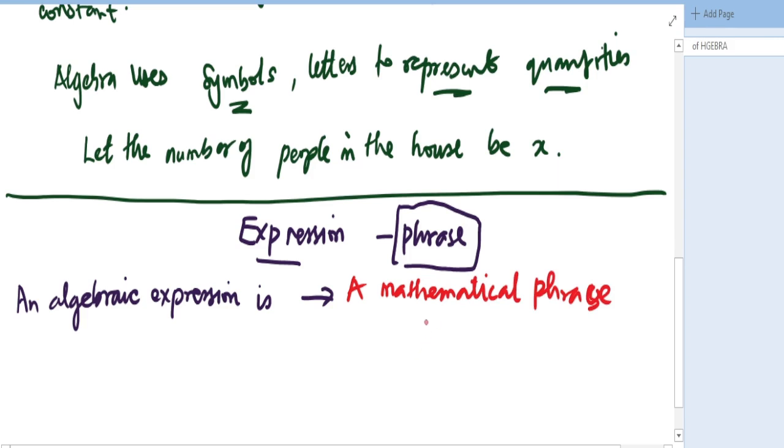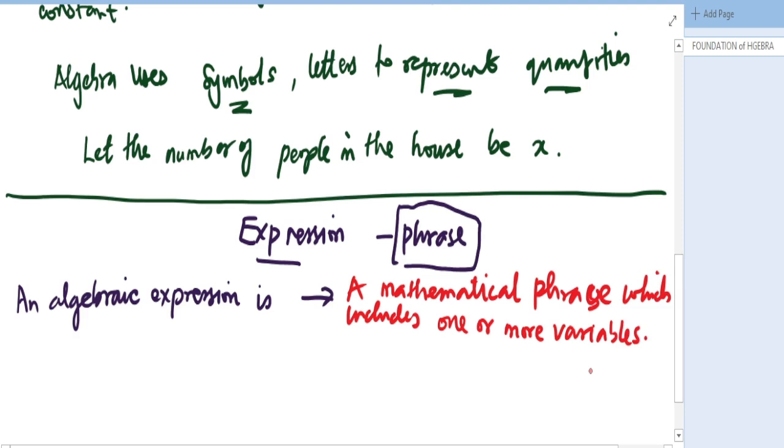But what is unique about this mathematical phrase? It includes one or more variables.